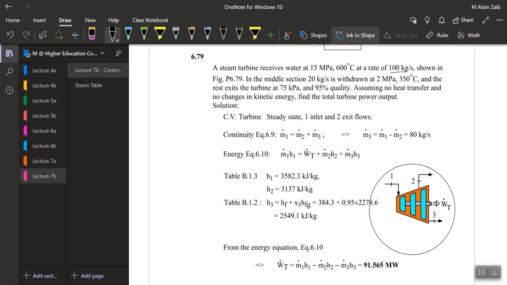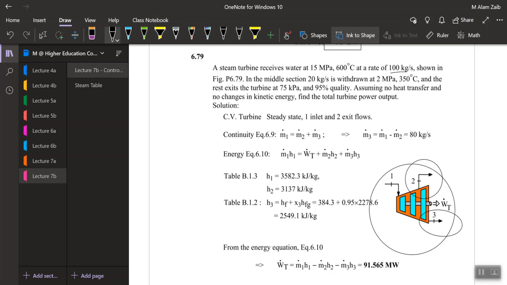In a middle section, 20 kg per second is withdrawn at 2 megapascal and 350 degrees centigrade, and the rest of the steam exits at 75 kilopascal with a 95% quality. Assuming there is no heat transfer and no change in kinetic energy, find the total turbine power output.